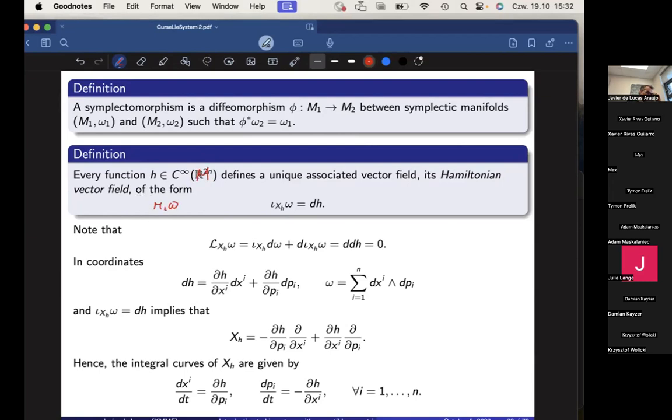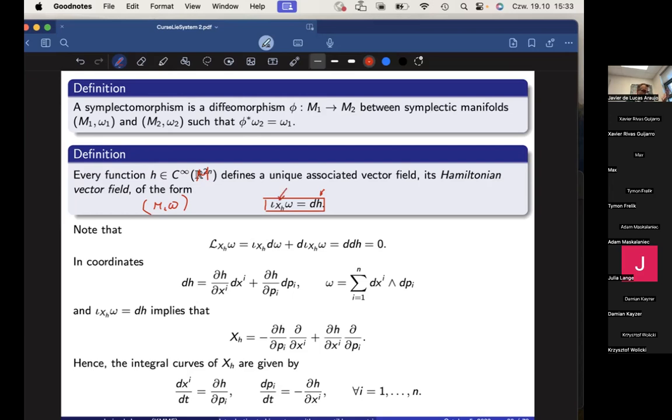The thing is that when you do so, given a function, this defines a unique vector field called the Hamiltonian vector field of the function f, defined in this manner. You pick up the function, you pick up the differential. So this is a one form, and it can be proved that for a symplectic form, the contraction of the symplectic form with a certain vector field always gives us the differential of H. This in here is called the Hamiltonian vector field of H.